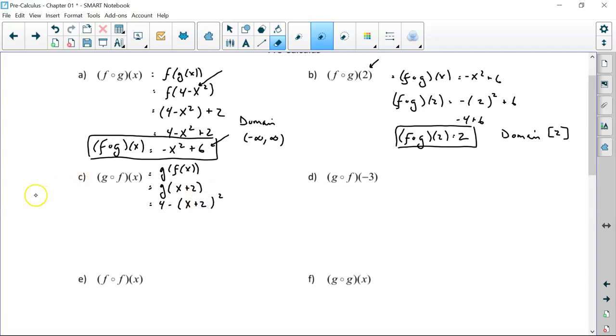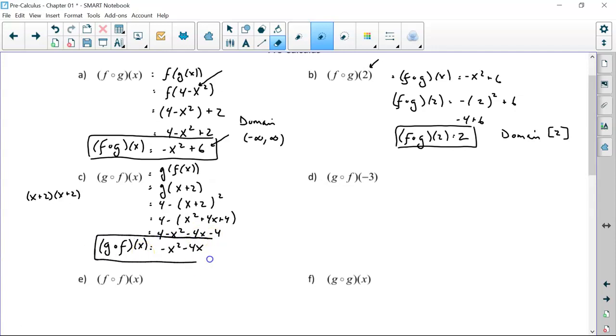Now remember, be careful when you square your x plus 2, it's x plus 2 times x plus 2. So it's going to be 4 minus the quantity of x squared plus 4x plus 4. Distribute your negative: 4 minus x squared minus 4x minus 4. So when we combine our like terms, we get negative x squared minus 4x. The 4's cancel. And that's g of f of x.